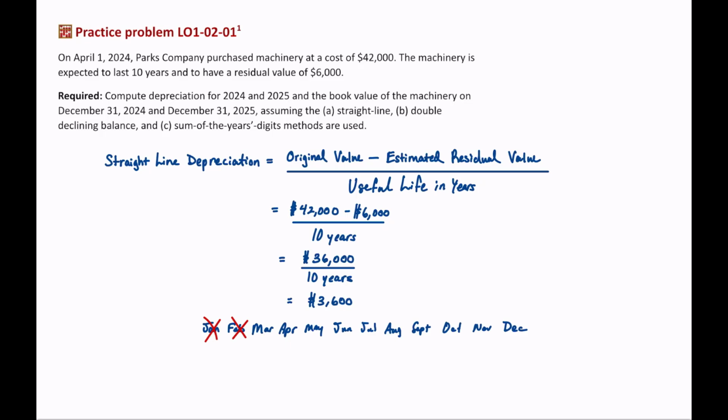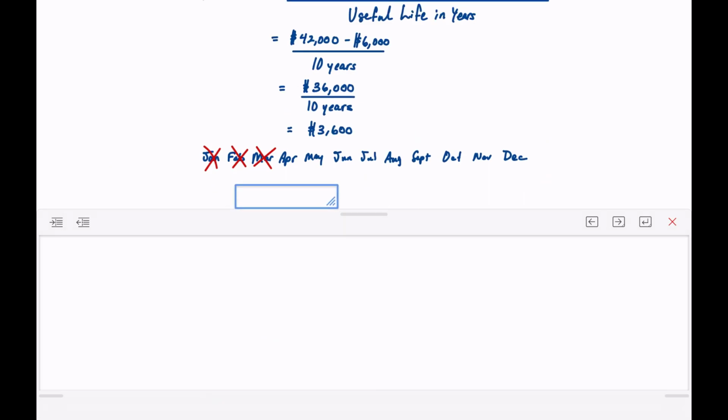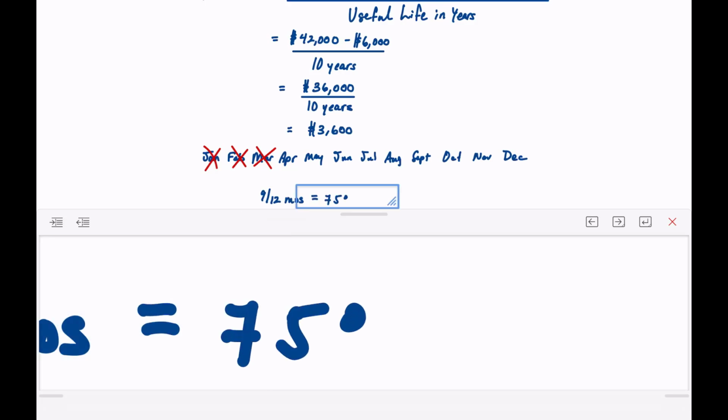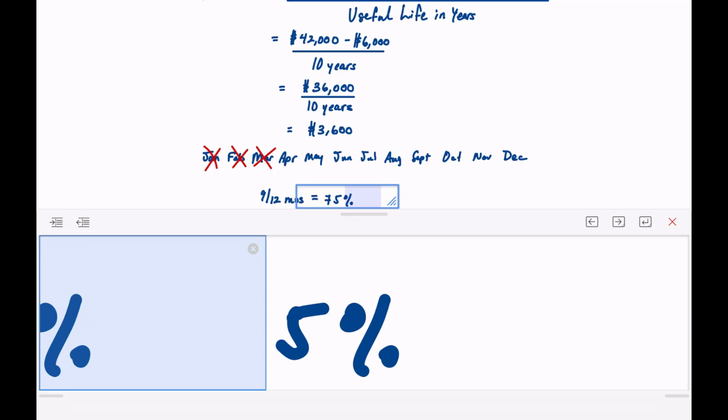So January wasn't there, February the asset wasn't there, March the asset wasn't there, which means we have 1, 2, 3, 4, 5, 6, 7, 8, 9. We had 9 months to use this asset in 2024, which means therefore that we should only take 9 over 12 months of depreciation expense. And 9 over 12 is equal to 75% if you want to think about it in terms of percentages.